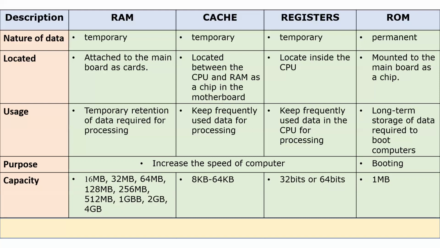I think you can identify the pattern. After 256, 512. After 512, 1 GB. Then 2 GB, 4 GB. In that way, currently we even have 8 GB and 16 GB RAM sizes.